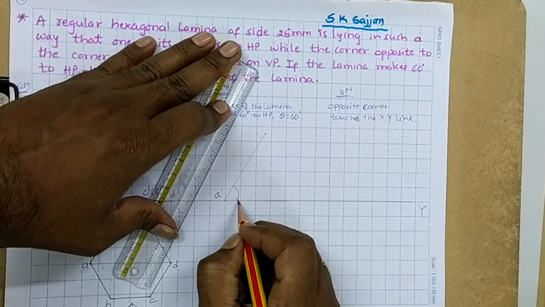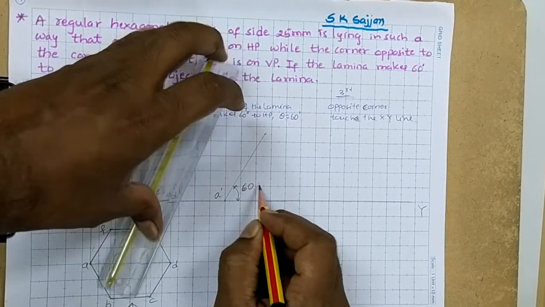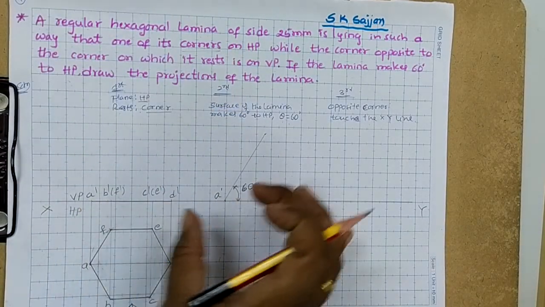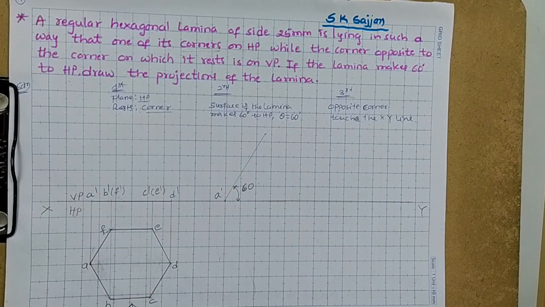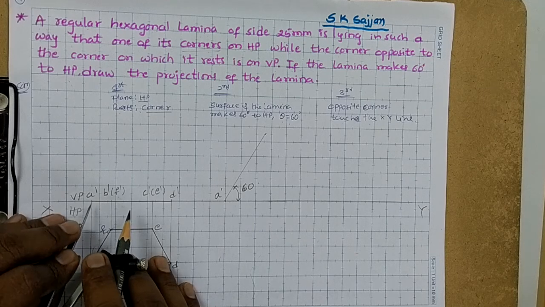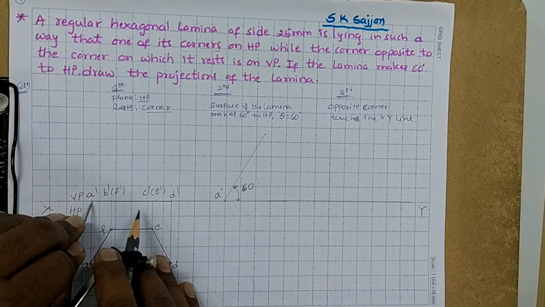This angle is 60 degrees. Redraw this front view on this 60 degree line without changing any dimension, measuring with the help of a compass. I want to redraw this front view.